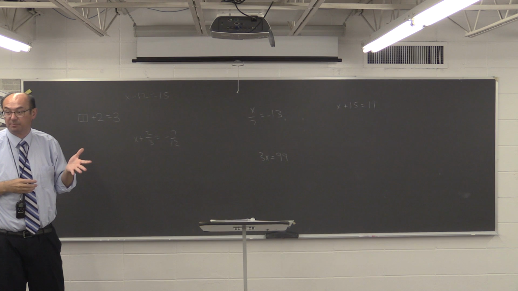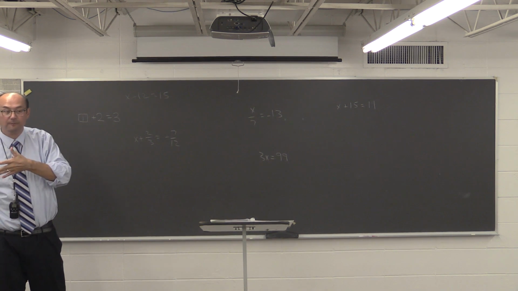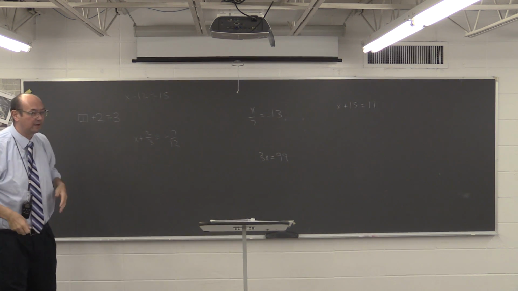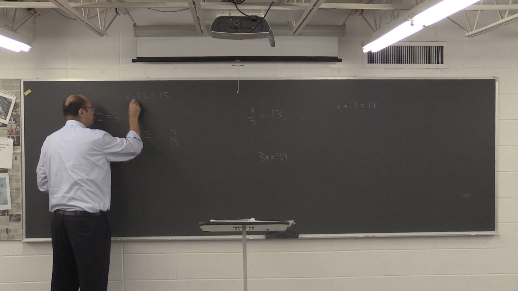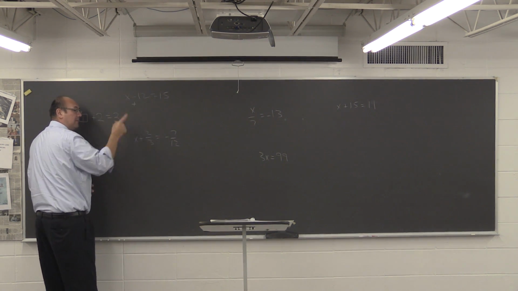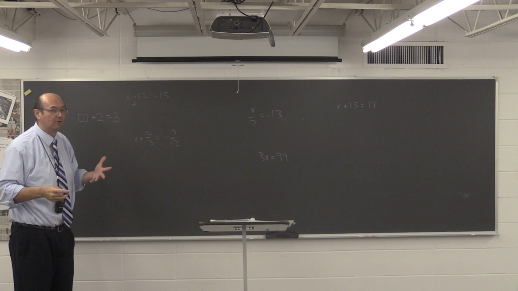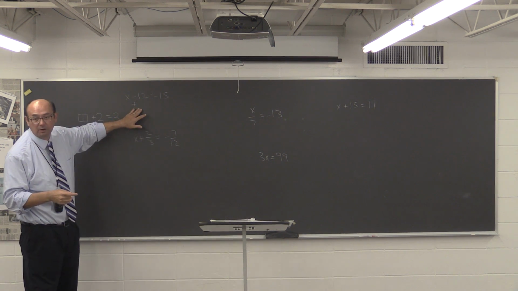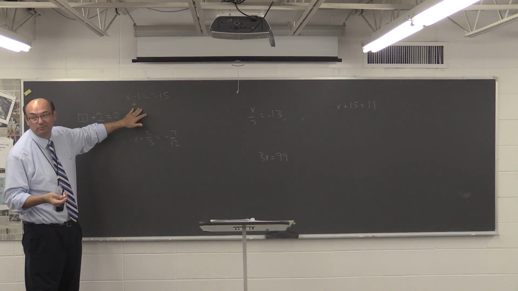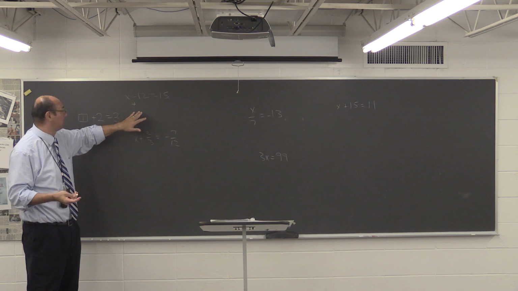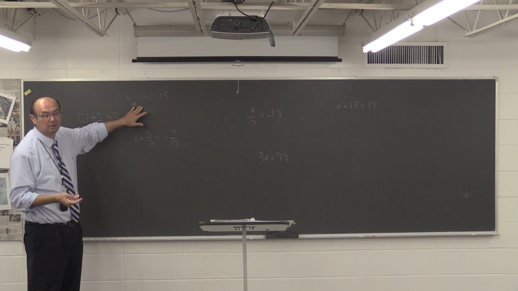Well, the opposite of a number, if it's negative, is positive, or if it's positive, is negative. We learned that a few lessons ago. So the opposite of a minus is a plus, and a minus and a plus balance each other out. But if I put 11 here, I'm going to get a negative 1. If I put a positive 13 here, I'm going to get a positive 1.